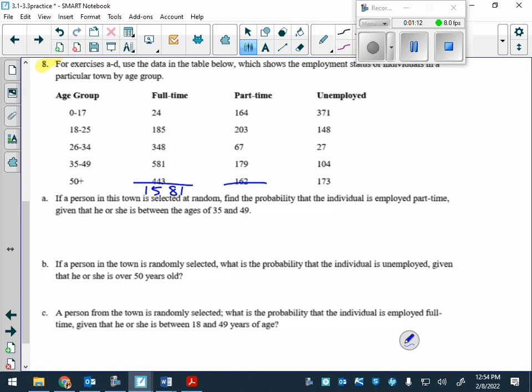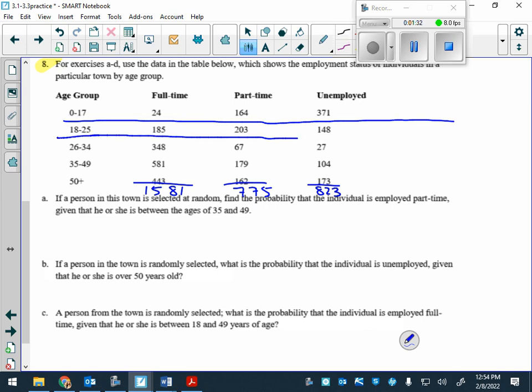Louise? 775. Should be. How about unemployed? Assad? 823. Okay. So then we go through and then the age group totals.